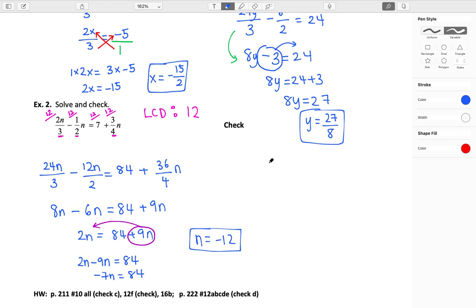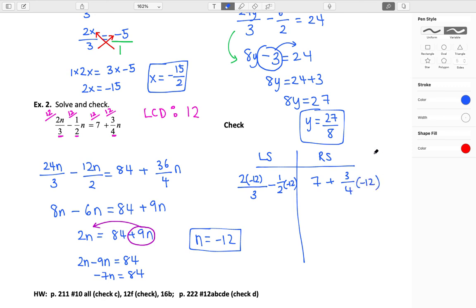Okay. And then same thing for the check, all you need to do is make a table. Left side equals right side. And then you're going to plug in 2 times negative 12. Instead of writing n, you're writing negative 12, minus 2 over negative 12. And then for the right side, 7 plus 3 over 4, negative 12.